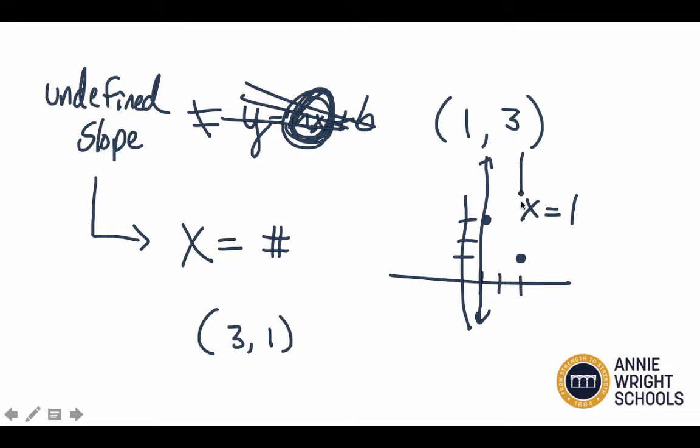Again, undefined slope means vertical line. That would be the equation x equals 3. This line here, x equals 3. This line here, x equals 1. The equation of a vertical line is always x equals some number, and it's the x-coordinate of the point on that vertical line.